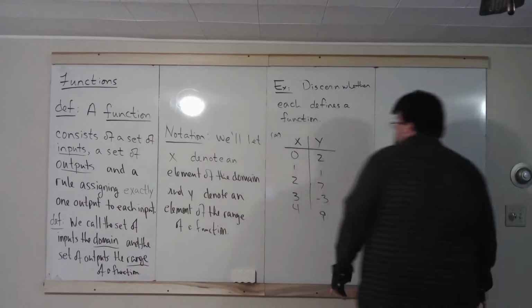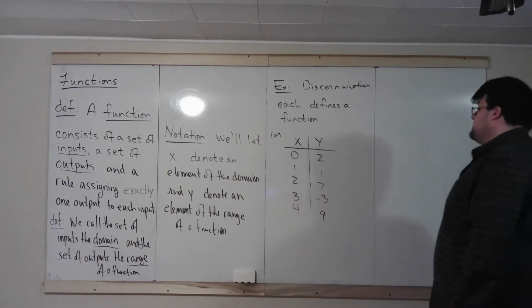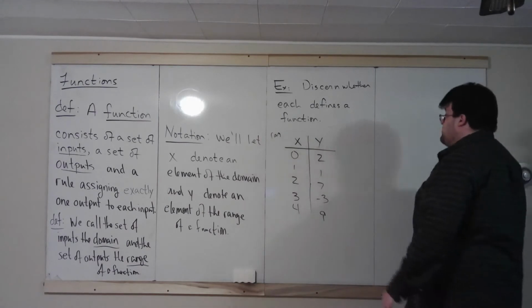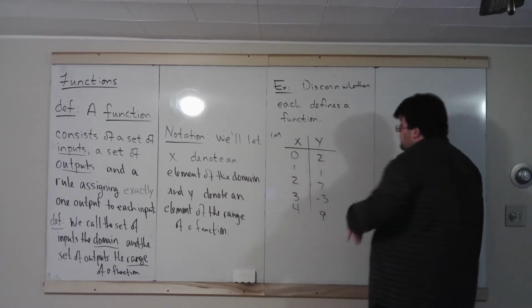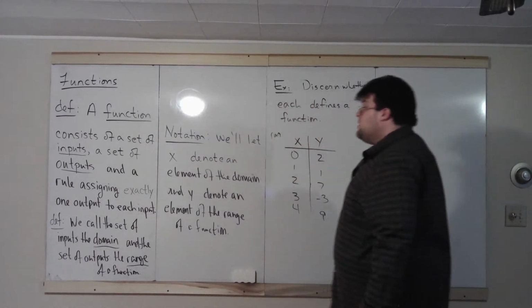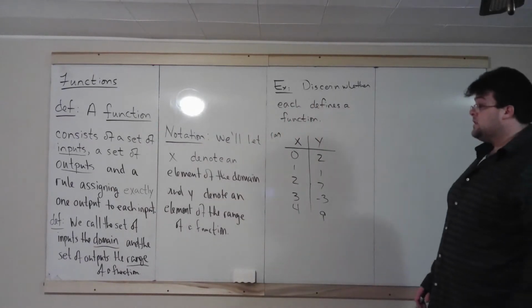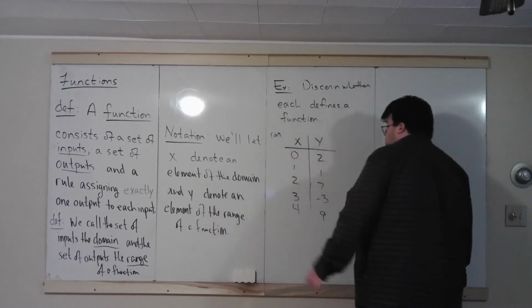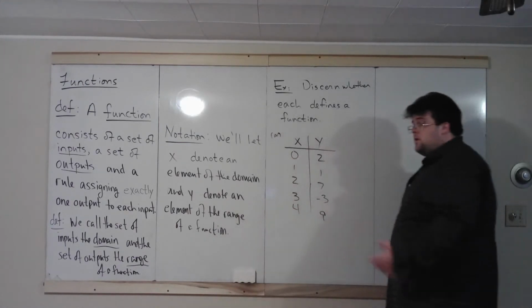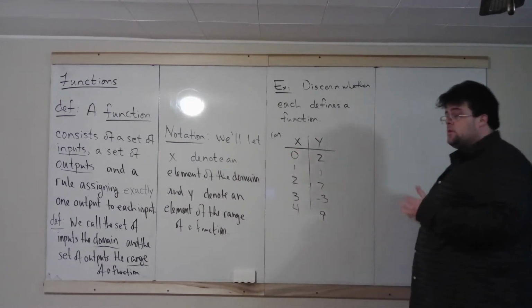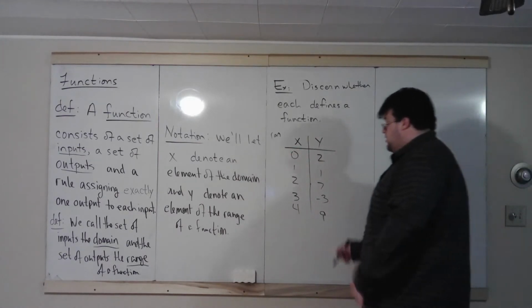Part A. So we have this set of inputs, our x's, this set of outputs, and this juxtaposition will define this rule. And we have to figure out whether this rule assigns exactly one output to each input. Well, we have input 0, input 1, input 2, input 3, input 4, and each one of these inputs does have exactly one output.